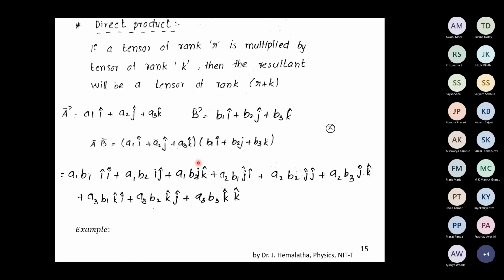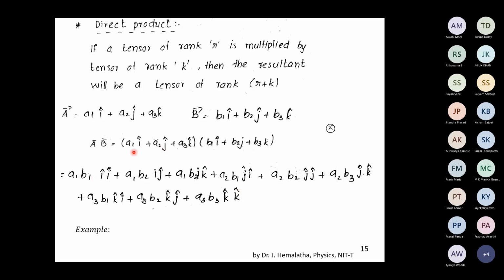If you have 3 terms multiplied to another set of 3 terms, how do you do it? The first term will be multiplied to the first term of the second system. Similarly, the first one will be multiplied with the second term, and the first one with the third term. Likewise, you do the second term with the first.